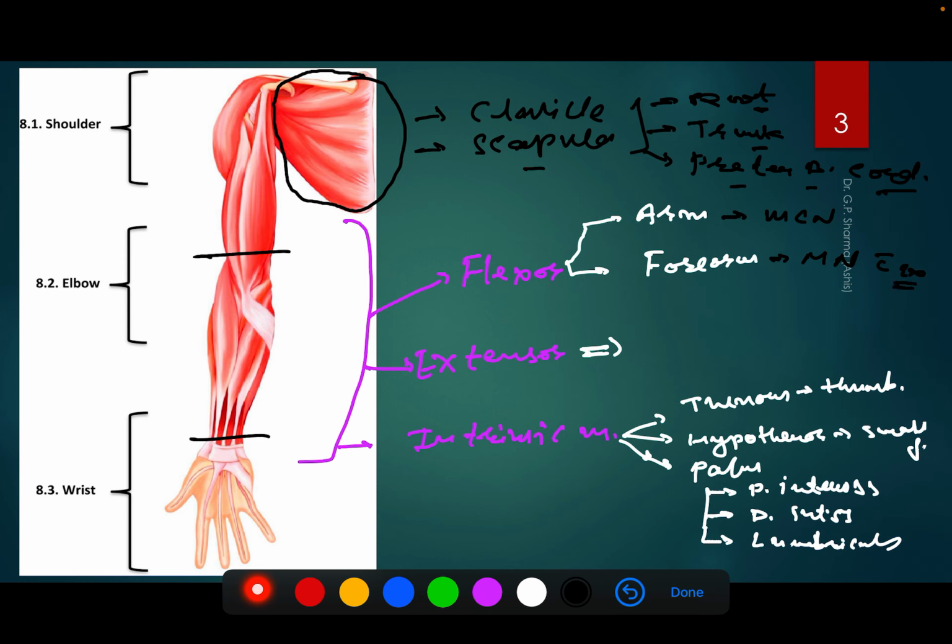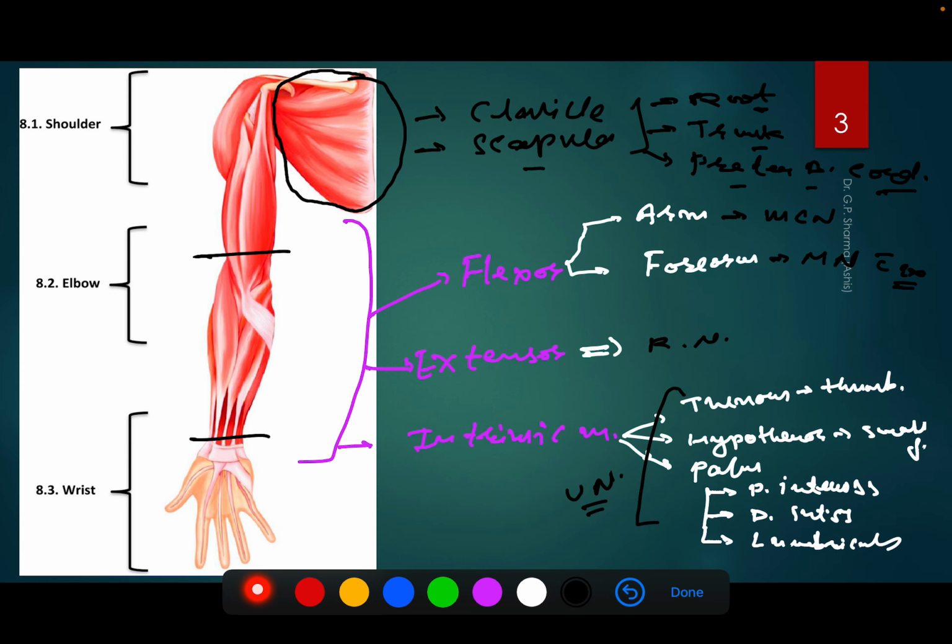We will discuss those exceptions. Okay, and all the extensors are supplied by radial nerve, right? And all these intrinsic muscles, they are supplied by ulnar nerve. Is that okay, right? So these are the general rules we need to memorize.